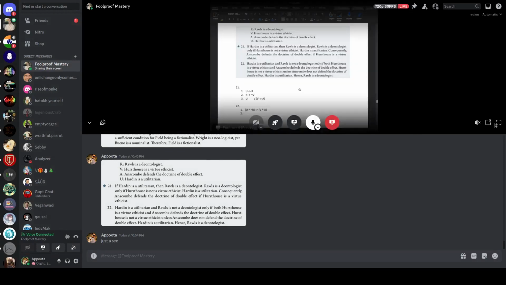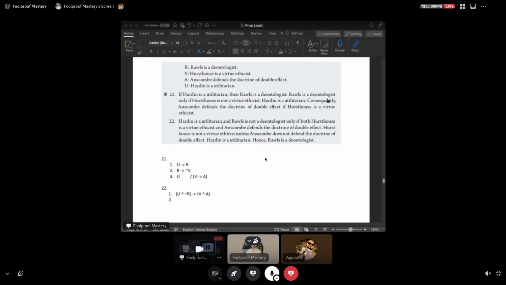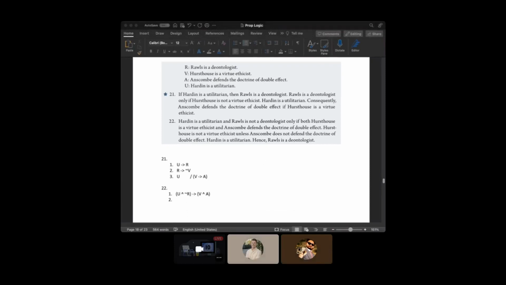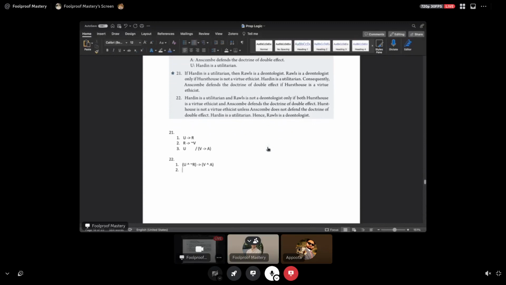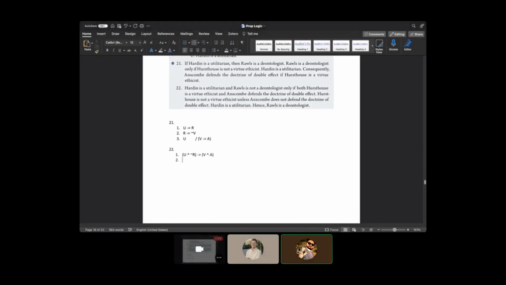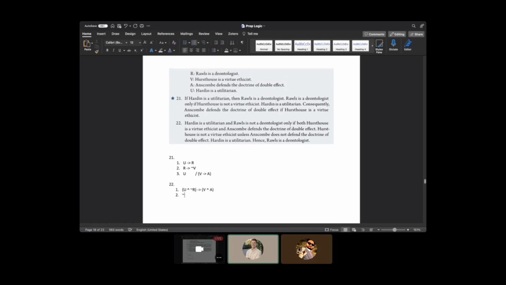Okay, you still there? So unless we've got another disjunction there, and we've got a negation, the Hurst House is not, negative v, unless.